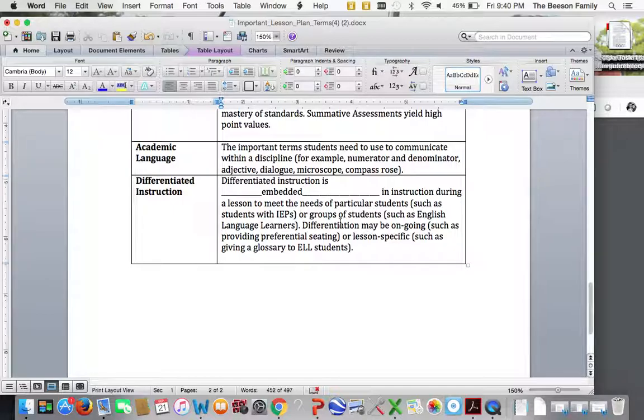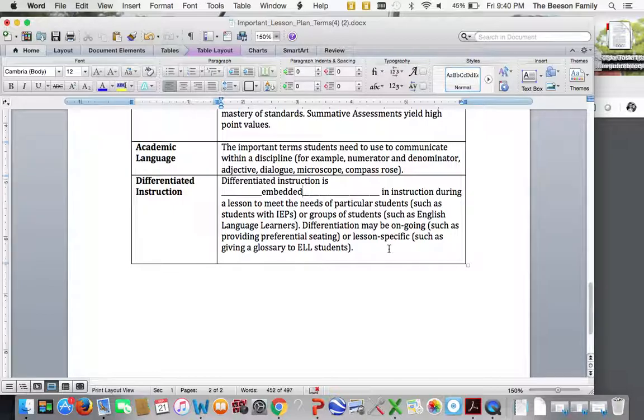Maybe I offer visuals for the vocabulary to support my English language learners. It's ongoing, or it's lesson specific. It changes, it varies. You might group the students in different ways, and that's an example of differentiation.